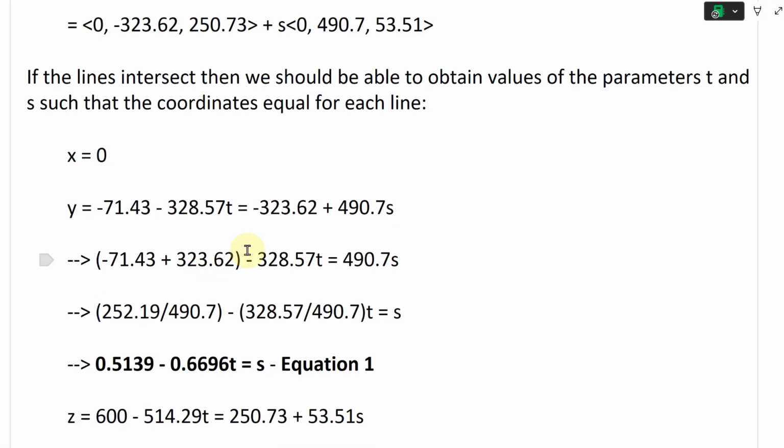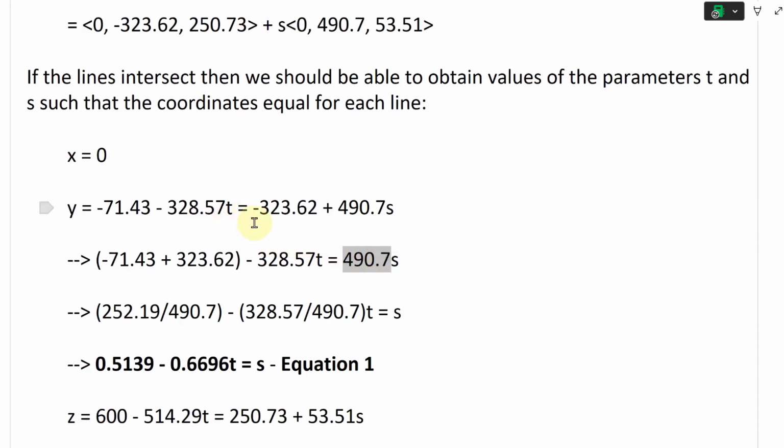Now we can simplify this further by moving this over to this side. So we're going to have negative 71.43 plus 323.67, and if you put it in the calculator here, this equals 252.19. And then what we could do is divide everything out by 490.7.